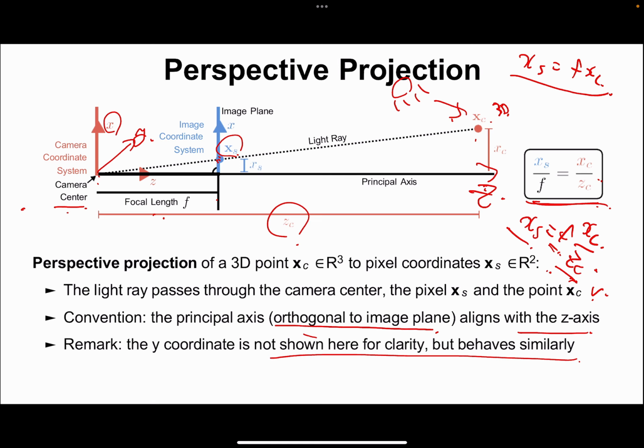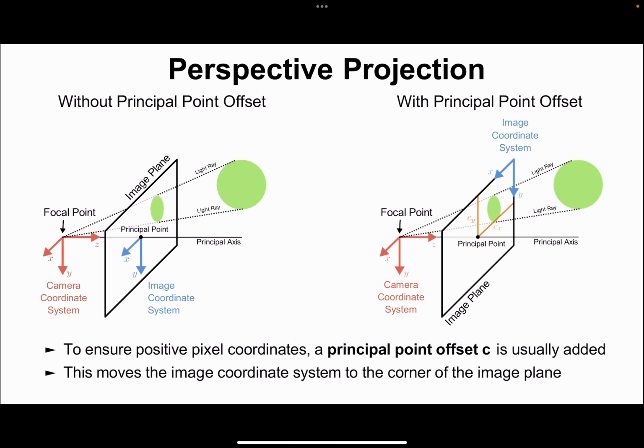But we have an additional thing: by dividing by zc, the position of the projected point is dependent on the z-axis of the point in 3D space. That is a huge difference between orthographic projection and perspective projection.